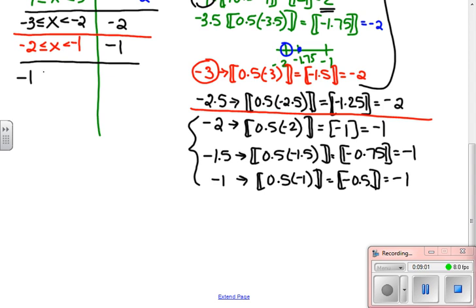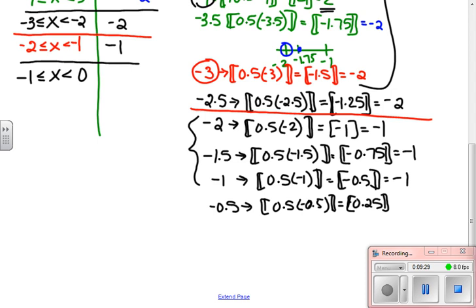What happens over the next interval? So I start inserting values again. And so this time I'm going to use negative 0.5. And you need to do enough of these until you see how your function is behaving. What is the pattern of its behavior? Because once you know its pattern, you can graph it.